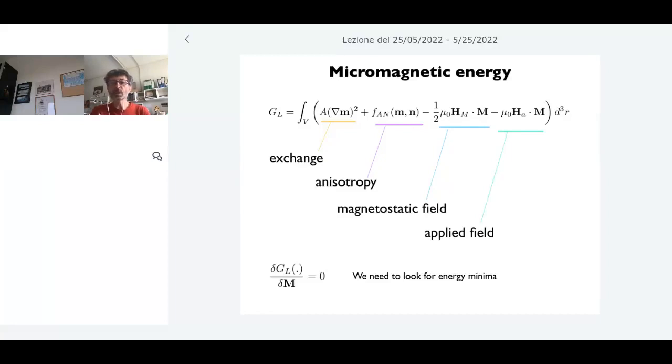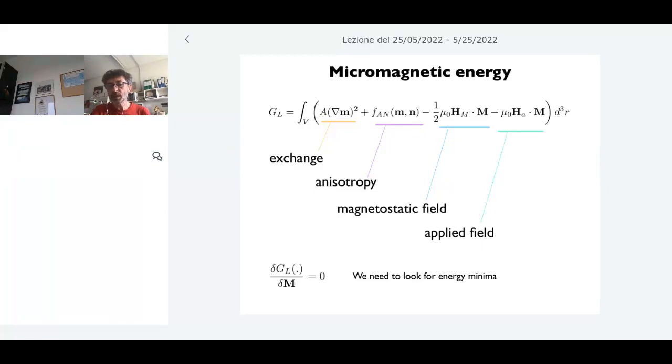So consider that your material could assume a certain configuration of magnetization. For example, one domain up and one domain down on one side. This is already a configuration, but how can I know if this is a solution or an energy minimum of this functional here? Well, from functional analysis, we know that we have to minimize this Gibbs free energy.